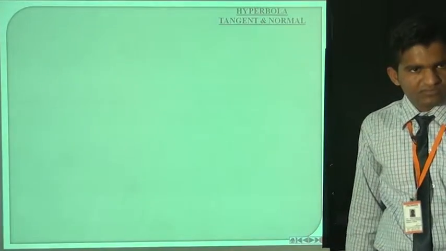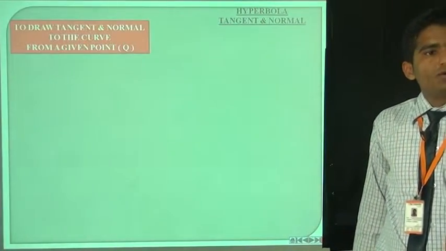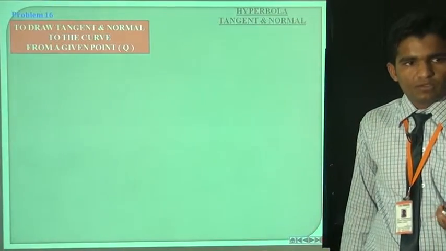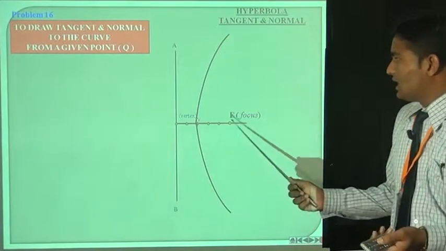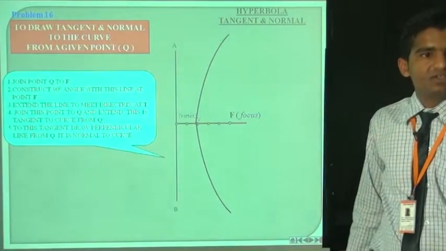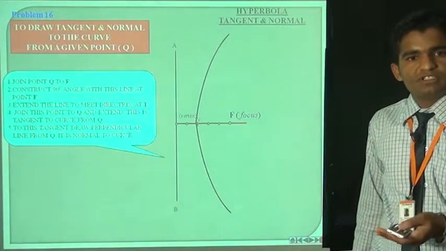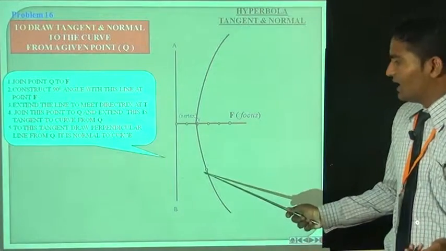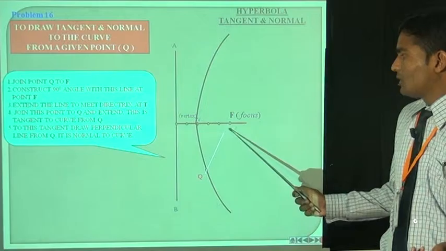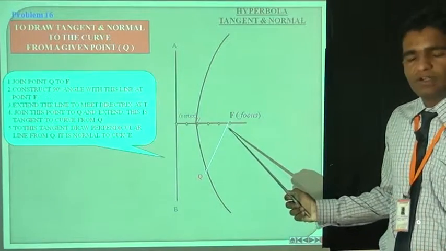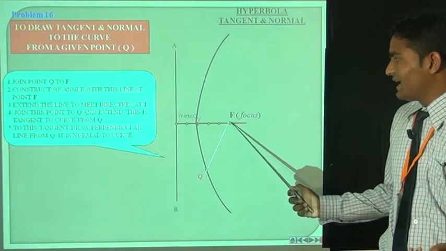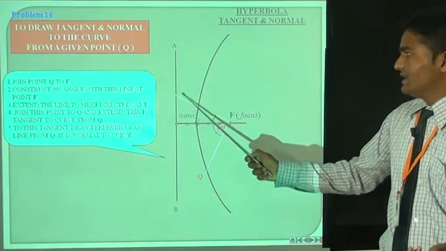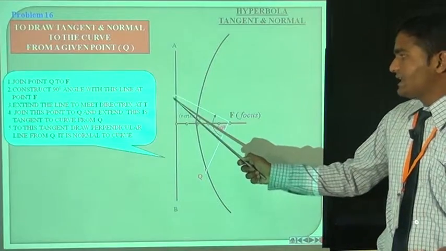Now suppose I want to draw a normal and tangent for the hyperbola. So first of all, this is the hyperbola, and do the same as was done in the parabola and ellipse problems. Mark the point Q and join to the focus F. Draw the perpendicular line at 90 degrees from the focus, which cuts the directrix at the intersection point of this line and the directrix.